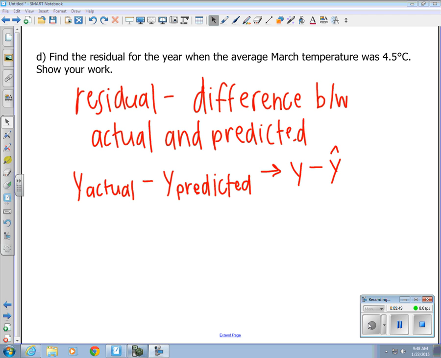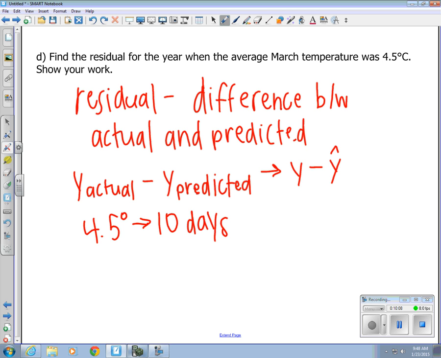So if you went into the data, you would find that when the average temperature was 4.5 degrees, that led to 10 days, and 8.2. But our linear regression predicted something different.